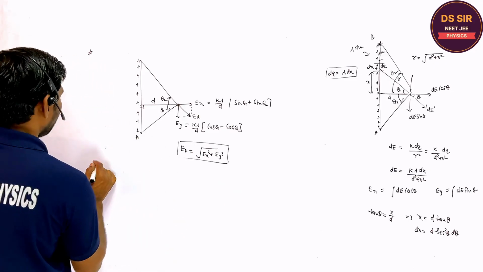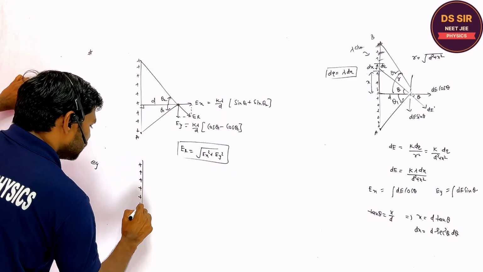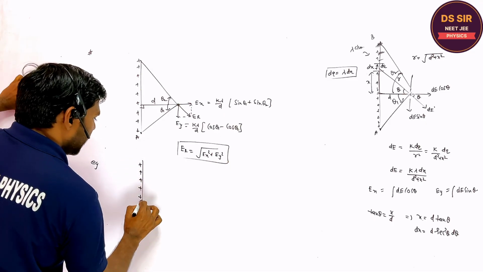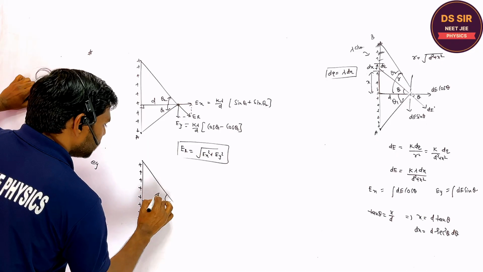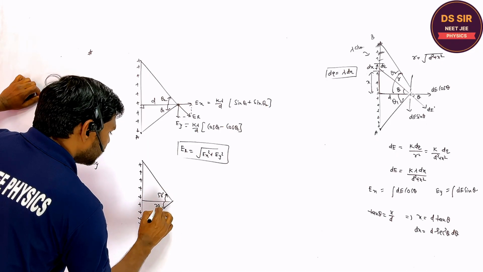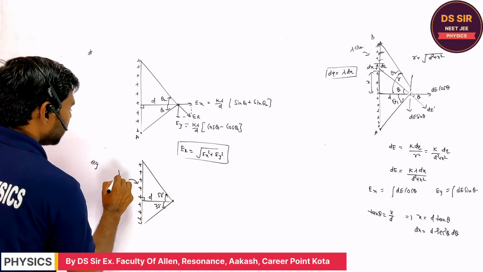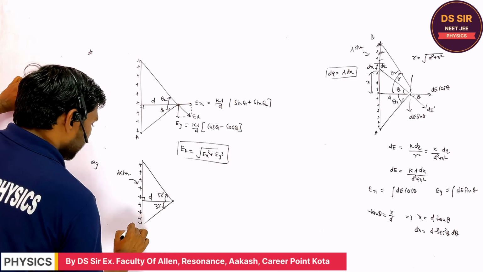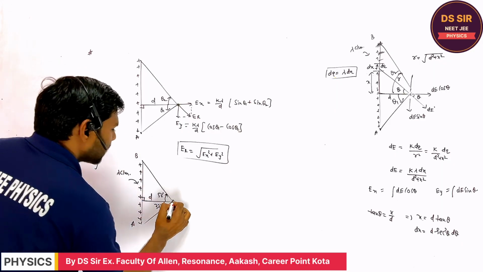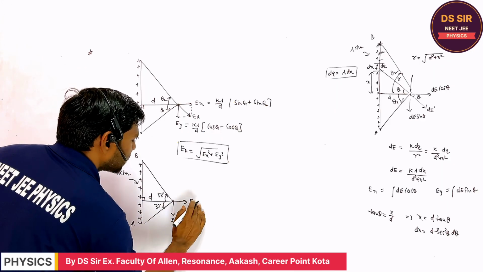Right. I am giving you one example. For example, if this is the line charge, and this angle is supposed to be 53 degree, and this angle is supposed to be 37 degree. The perpendicular distance is d. The linear charge density is lambda coulomb per meter, and you have to find the electric field in x direction, also the electric field in y direction.